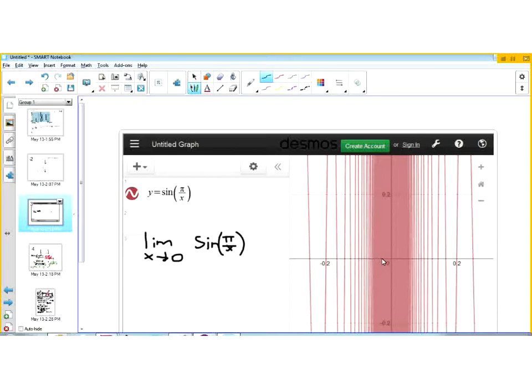In other words, if I were to walk close to 0 in this direction, my outputs are going to swing from -1 to 1. And so there's no consistent number that leads to a definitive output.